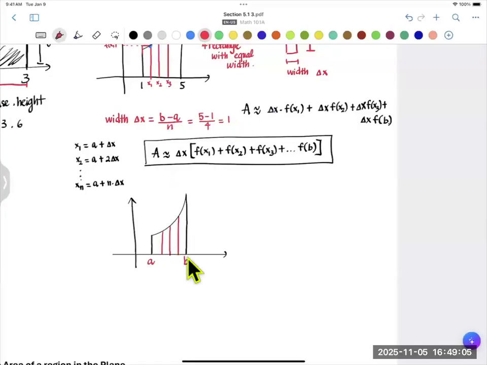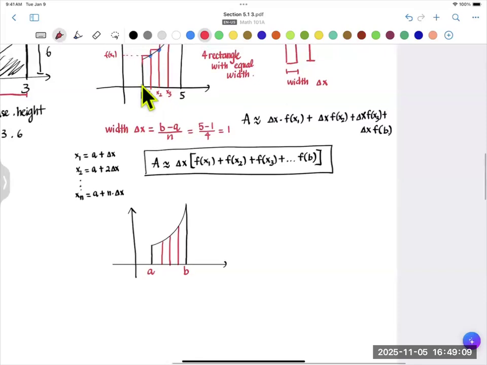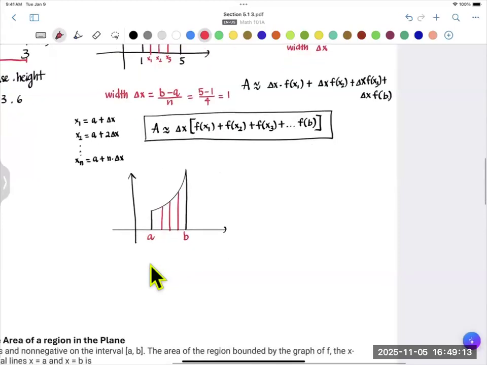All right, now with the same problem, but instead of using the right point, we can also use the point on the left, right? The first value, we will take the first value as the height. Okay, then my rectangles will look like this. And then the second value will be x1, and then the third value will be x2, and then the fourth value will be x3.